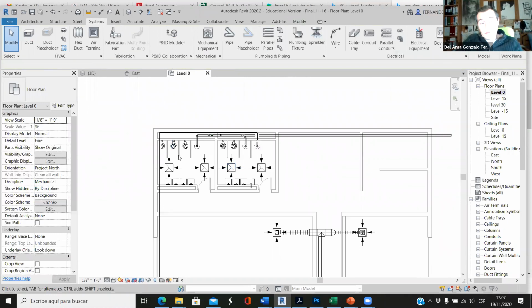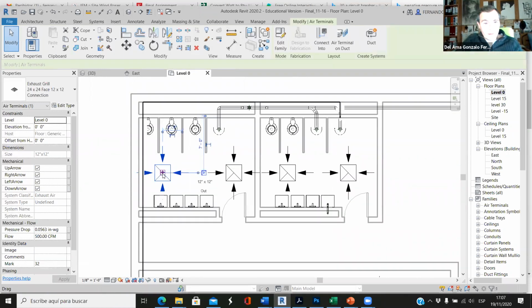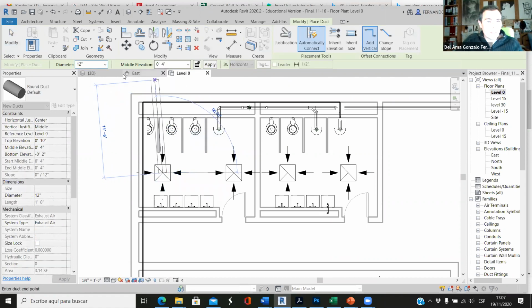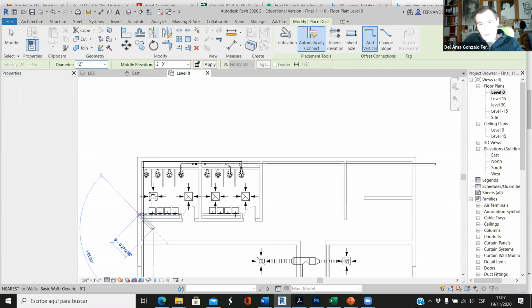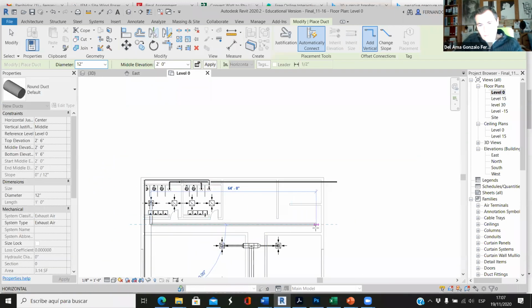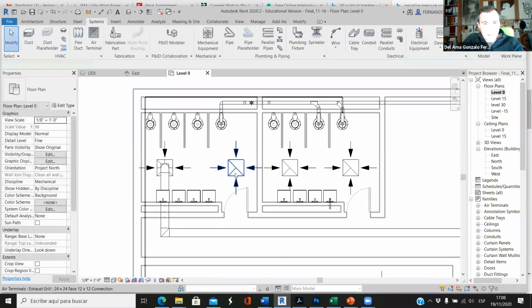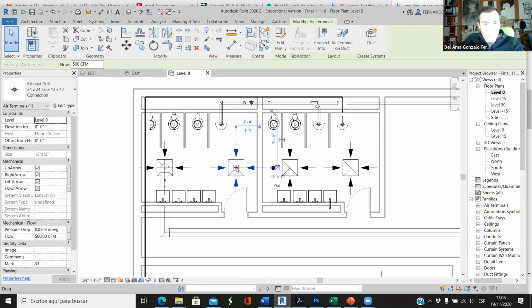And now what do we have to do? We have to create another pipe or another duct. We can change the elevation. It's 0.4, let's say 2 feet. And then we have to go all the way here, and we just can connect through duct.